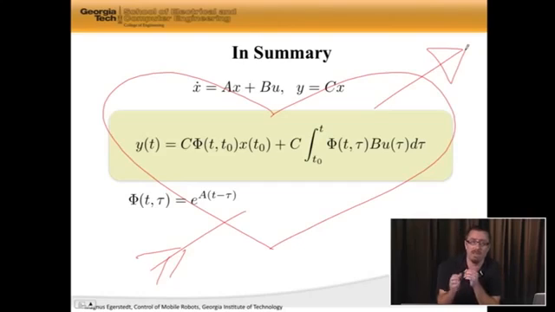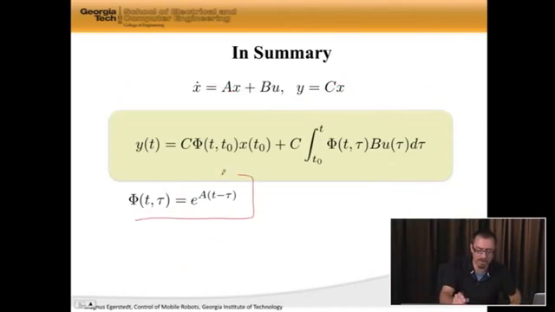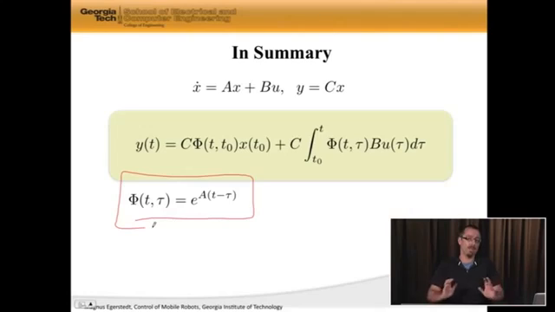And phi here, the thing to remember, known as the state transition matrix, was simply given by this matrix exponential. What we're going to do in the next lecture is see how this translates into us being able to say things about how the system behaves. In particular, we're going to look at stability questions.